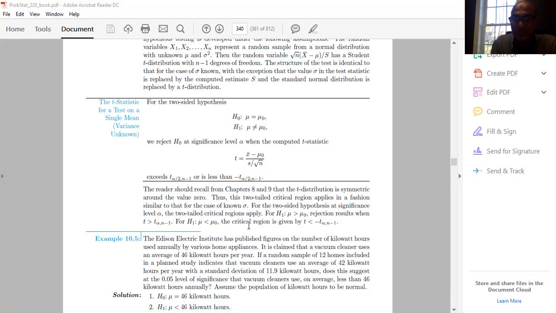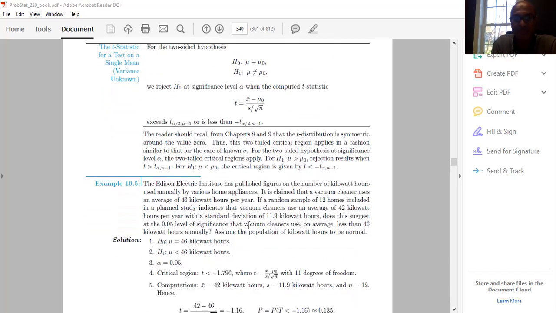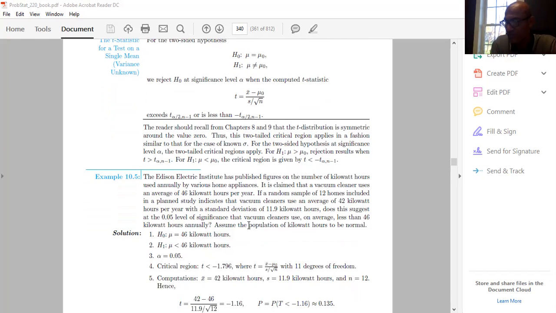If you want, I can show it to you, but it is not required. Okay, let me show it to you, and after that I can move to example 10.5. But before that, read this example. Always keep in mind, just like our previous case, this is not a two-sided tail but a one-sided tail, right or left.